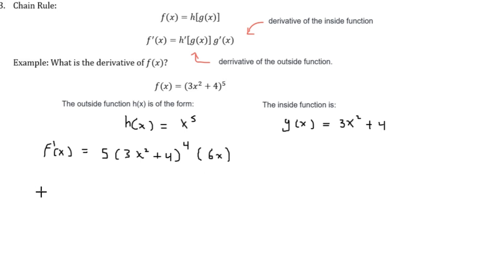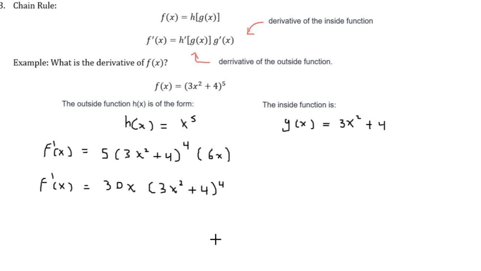We can do a little algebra and we get the derivative of f of x is 30x times 3x squared plus 4 to the fourth power. And this is it. We can just leave it as we can see here.